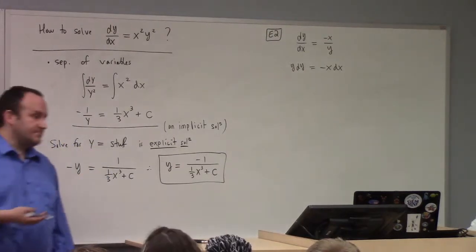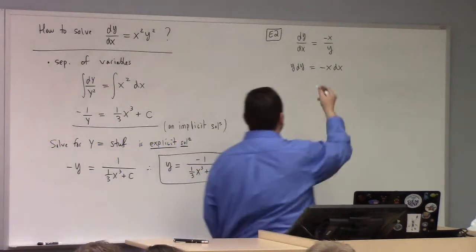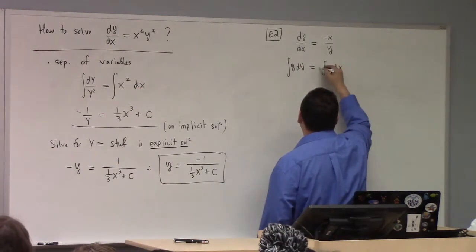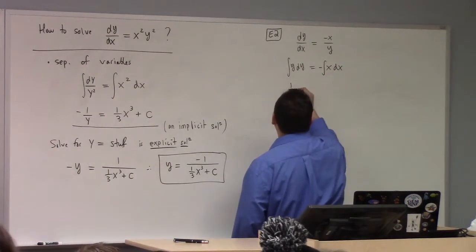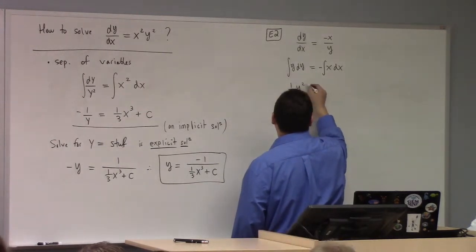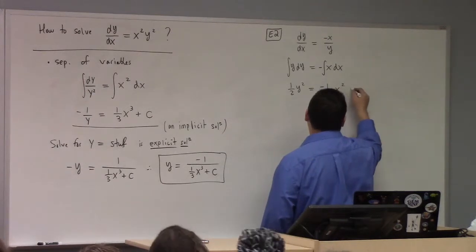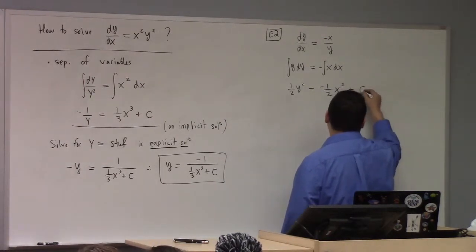Integrate both sides. And we get what? 1/2 y squared equals minus 1/2 x squared plus some constant.